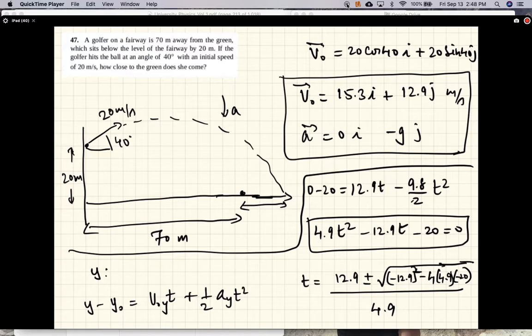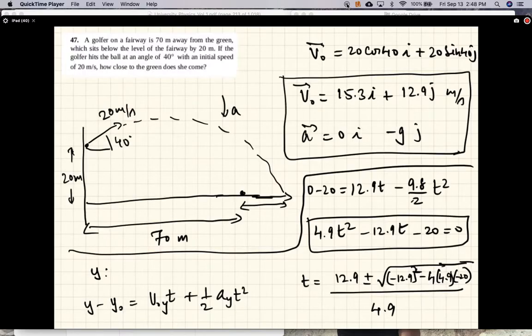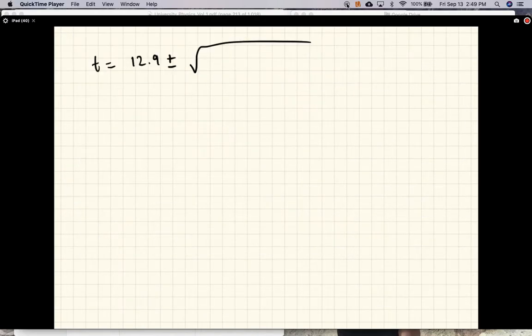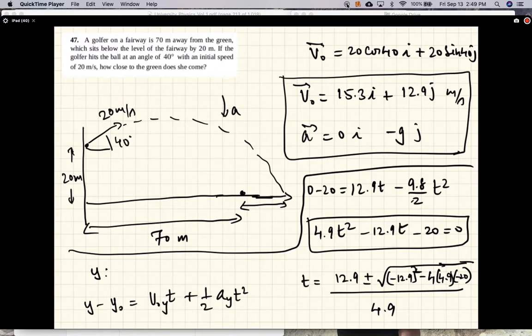Okay, so let's add a page below. So t, the time of flight, how long the golf ball was in the air, is 12.9 plus or minus 23.6, divided by 2a.